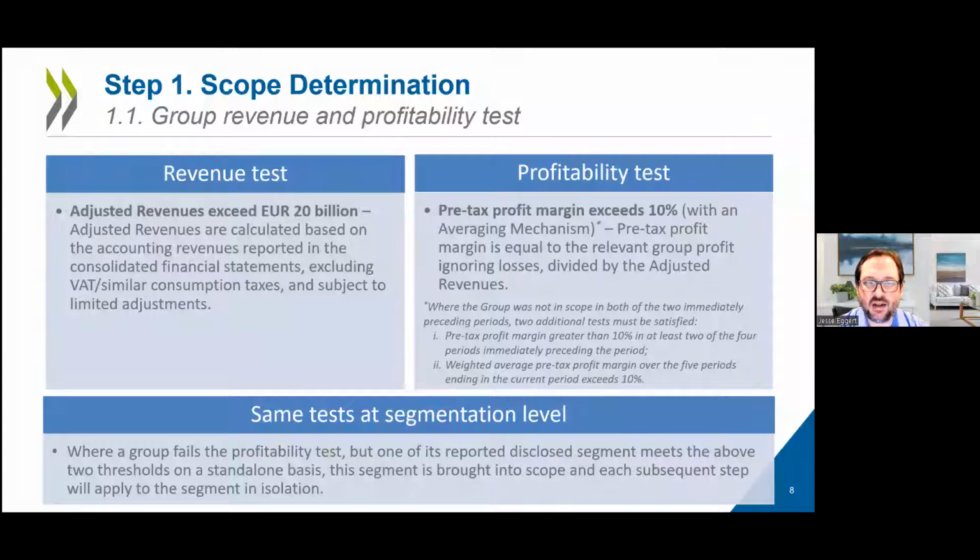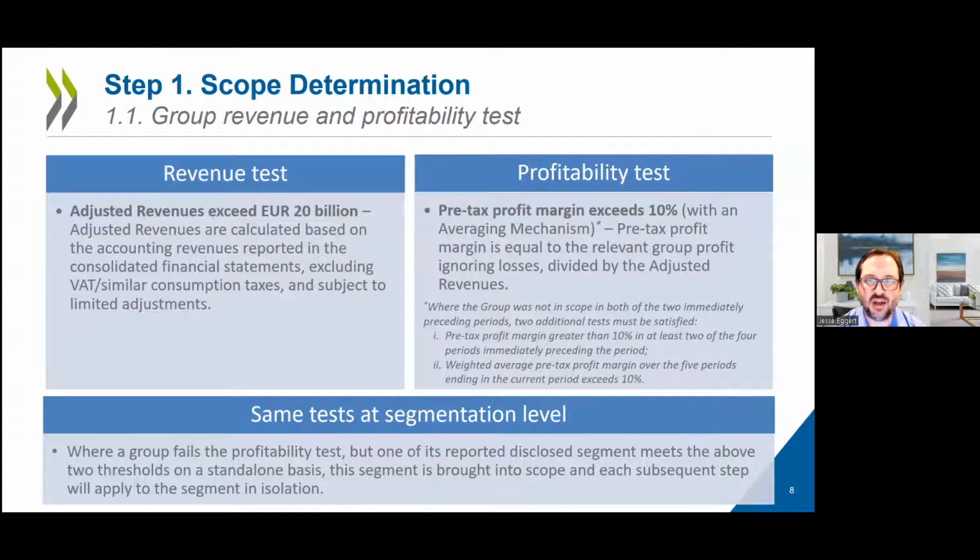If they're in, to minimize the risk that a group that is generally out of scope will have a short-term fluctuation of profit that brings them into scope temporarily, there's an averaging rule, and it kicks in for groups that are above 10% profit margin for a period, but were out of scope for the previous 2 periods.